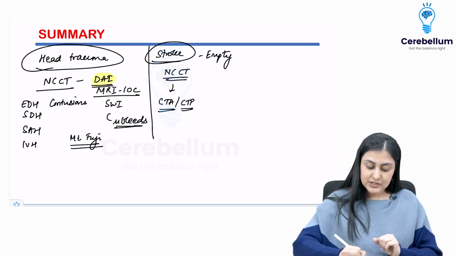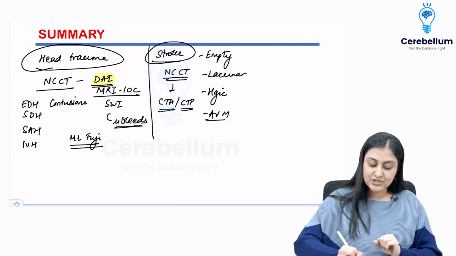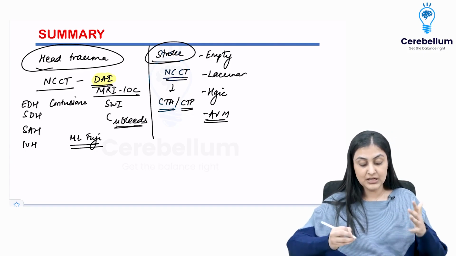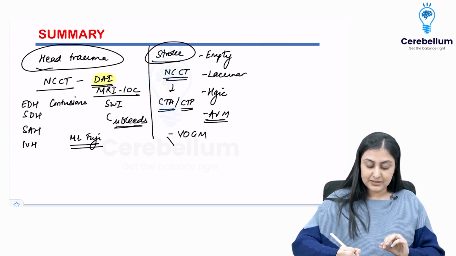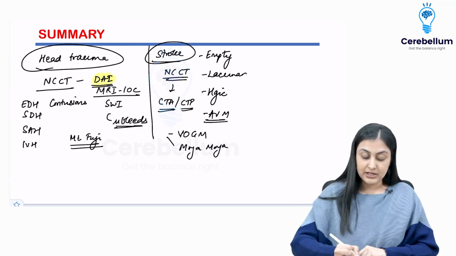Okay. After this, we talked about lacunar stroke, we talked about hemorrhagic stroke, AV malformation. We saw the nidus, which is the hallmark of AV malformation, right? So those were the important points. We also saw quickly vein of Galen malformation and puff of smoke in moyamoya disease, which are our pediatric conditions, right?